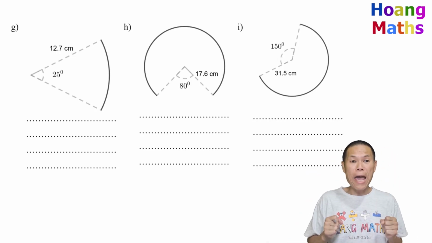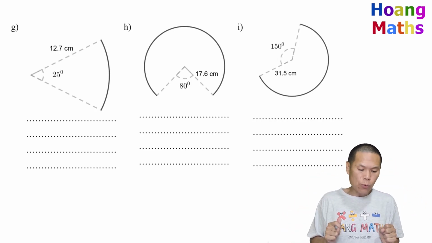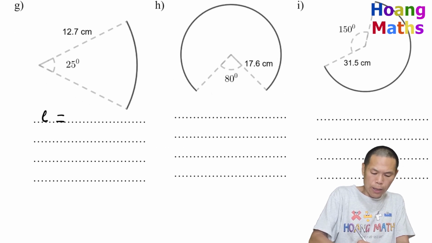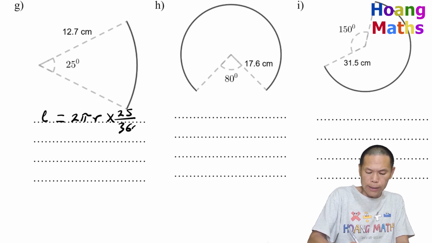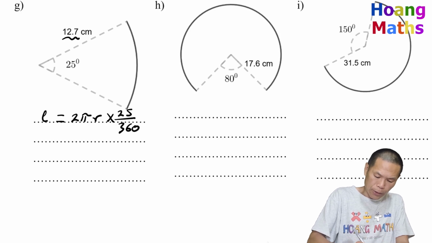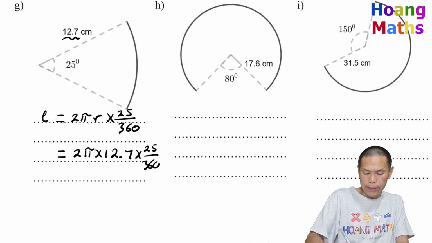Hi there, I'm back. How did you go? Let me go through them with you. So first one is, we know that L is 2 pi r, and we times by 25 out of 360 degrees. And the radius is 12.7. So that is equal to 2 pi times 12.7 times 25 over 360.